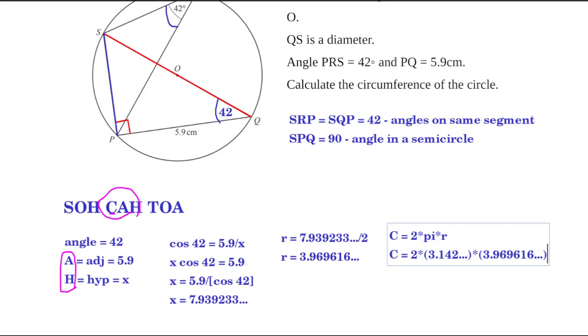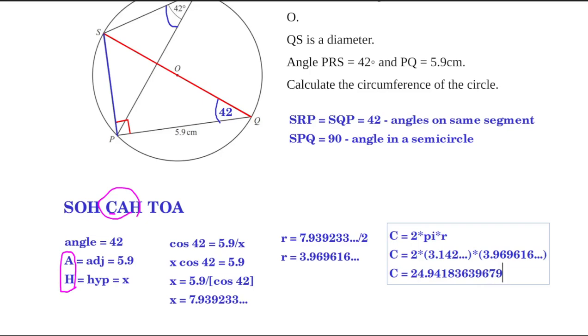Now what are we getting for this? On your calculator, just press 2 pi, then answer, and it's going to give you 24.94138363967.